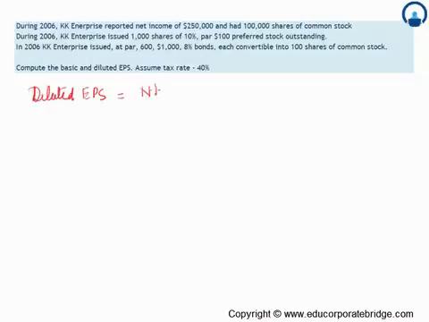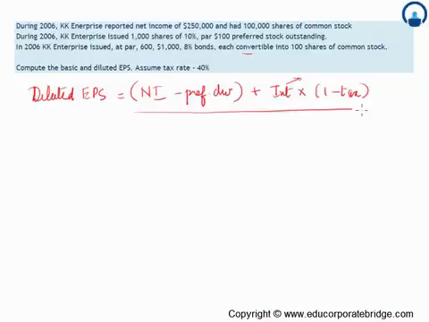Diluted EPS when we have convertible shares is net income minus the preferred dividends plus your interest expense multiplied by 1 minus tax rate, and this interest expense is the one which convertible debt will result in, divided by the total number of weighted average common shares plus the total number of convertible shares.